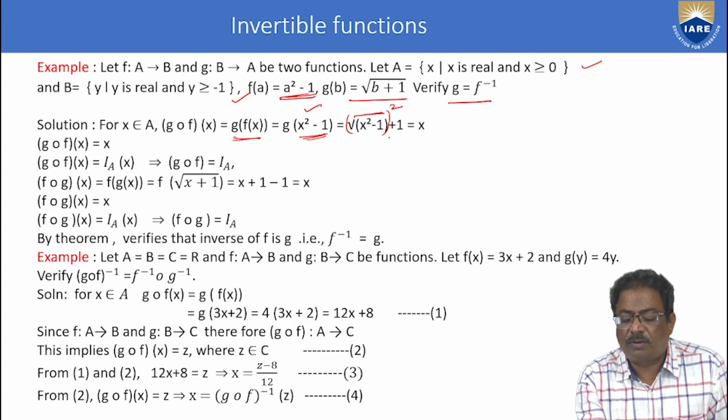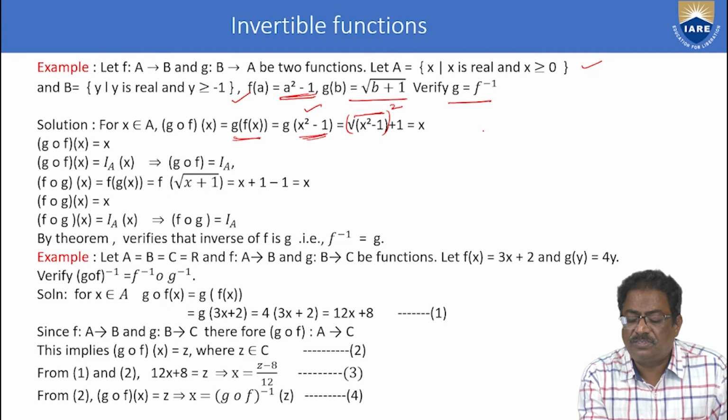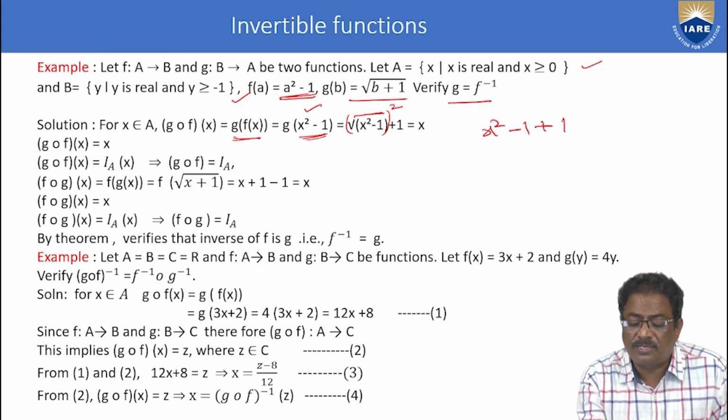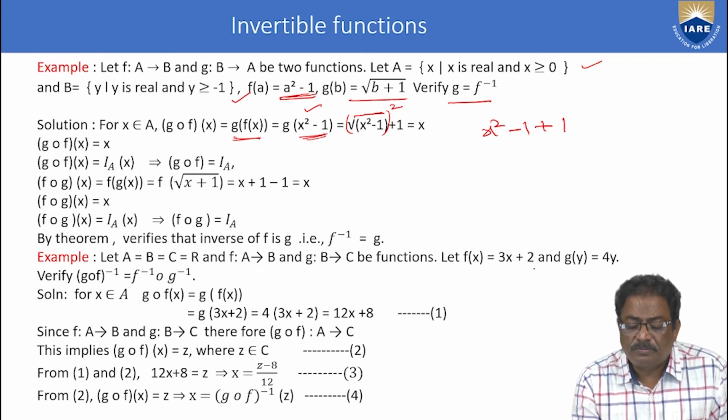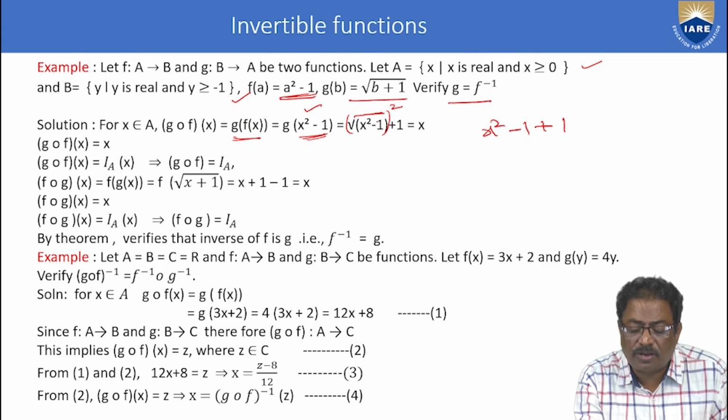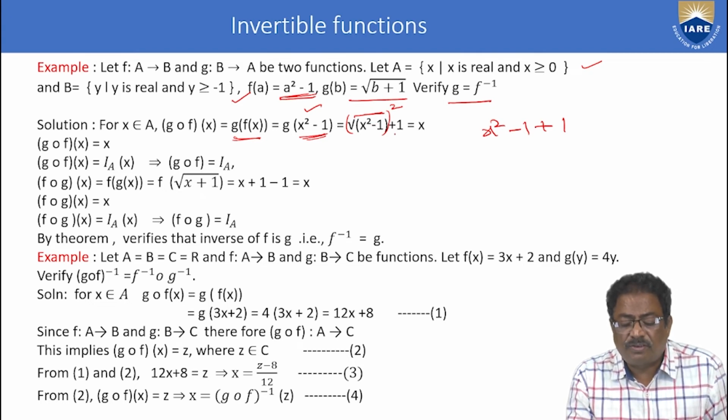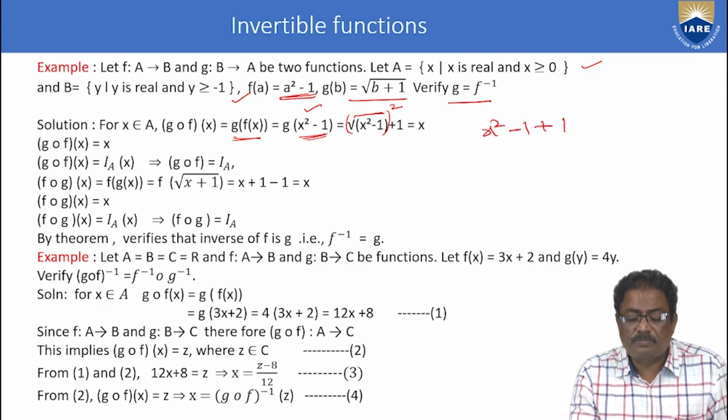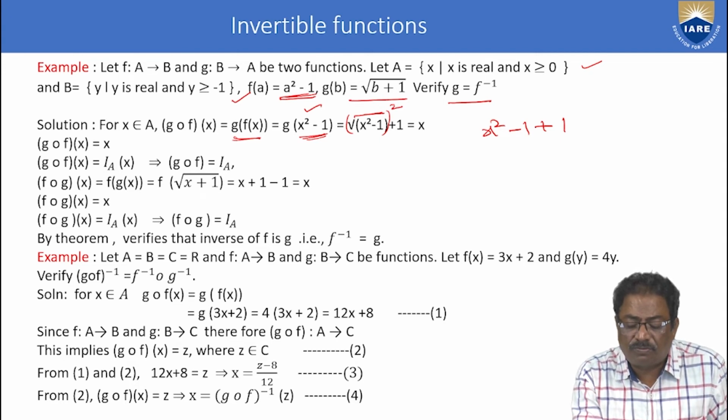So the square root and square I am going to cancel, and next I am going to get x square minus 1 under square root, both will get cancelled. Finally I am going to get like this. So it is not x square. G of f of x is root of, this is not there.